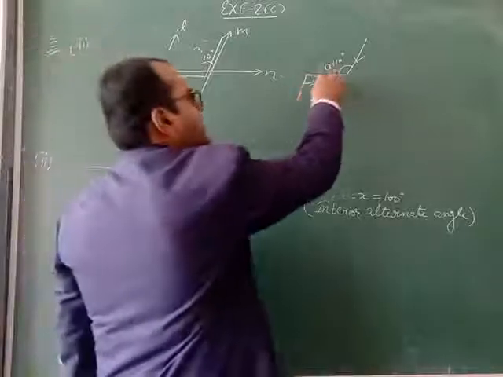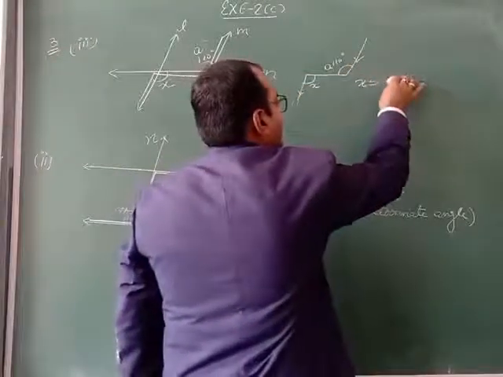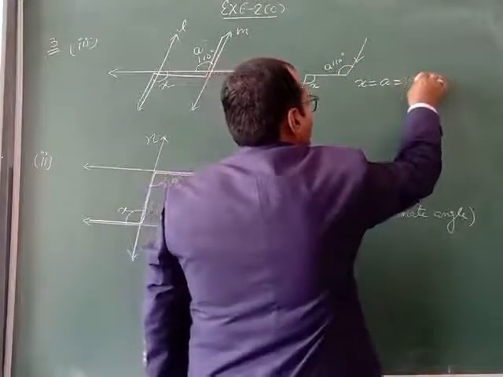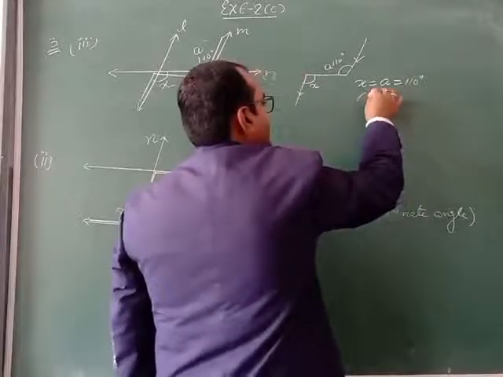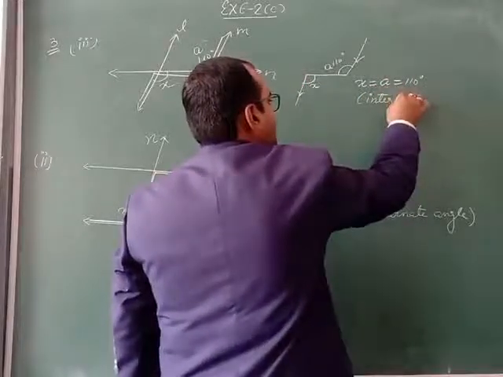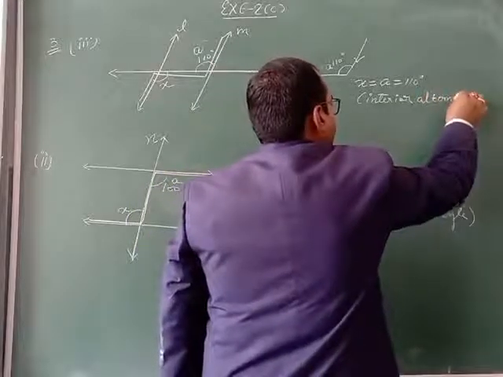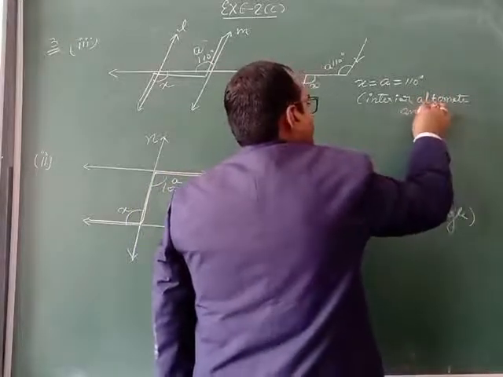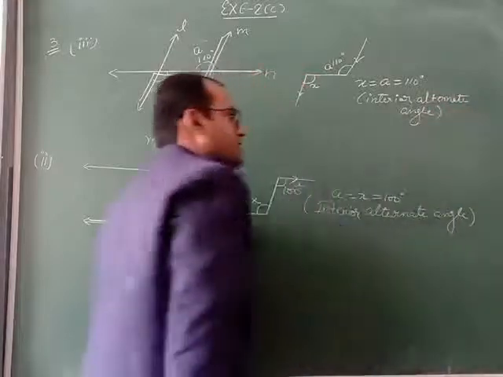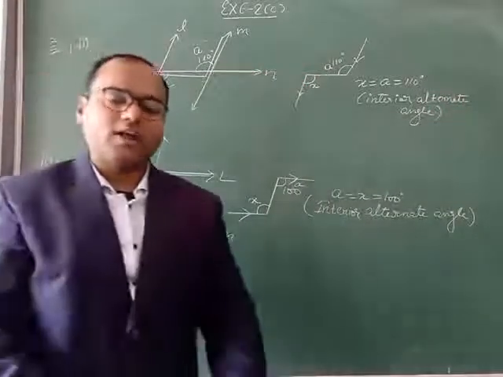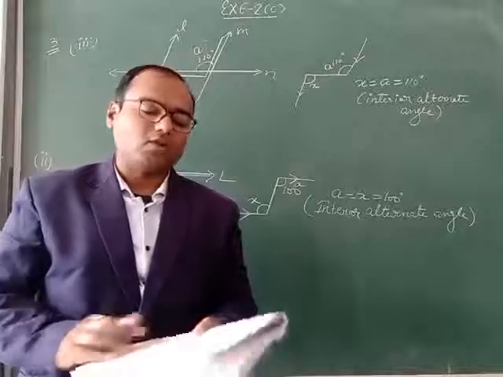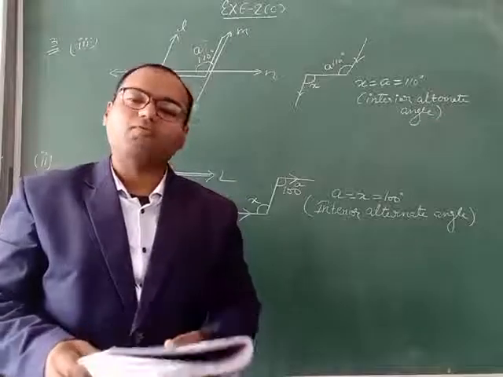So this X and A both will be equal to 110 degrees, and the name of the angle is interior alternate angle. So this is the answer of part number third. So like this you have to do question number third. Now go to the next question. Question number fourth.